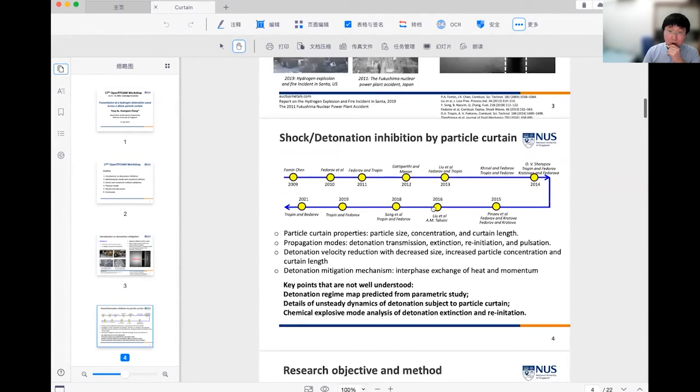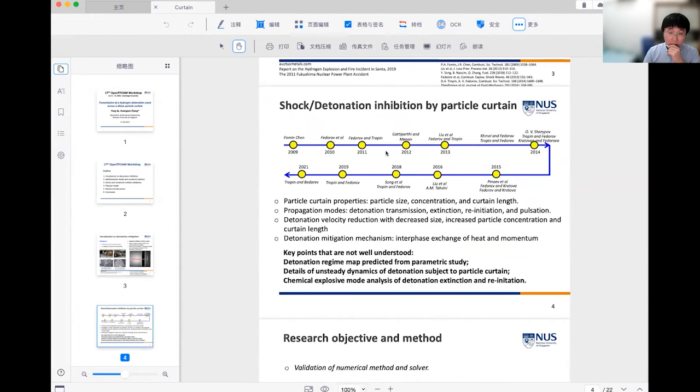This figure shows some key literature on shock or detonation inhibition by particle curtain. We conclude that they consider particle curtain properties such as particle size, particle concentration, and curtain length. Various curtain properties result in different propagation modes of the detonation wave, such as detonation transmission, detonation extinction, reinitiation, and pulsating detonation.